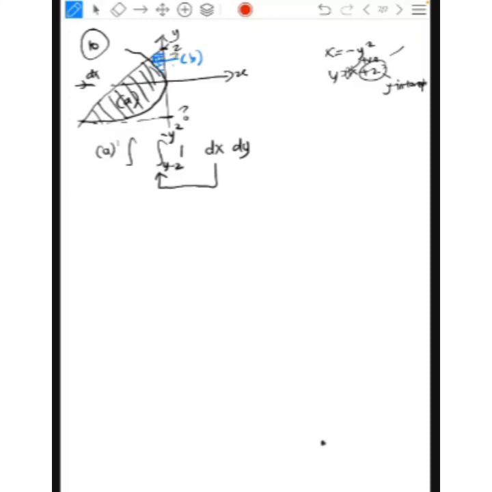Okay, so let us find the intersection first. So we have, let's say this is equation 1, equation 2, 1 equals 2. So we'll have y equals to negative y squared plus 2, or y squared plus y minus 2 equals to 0.